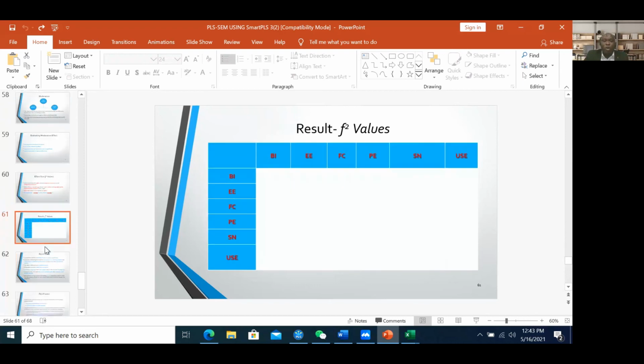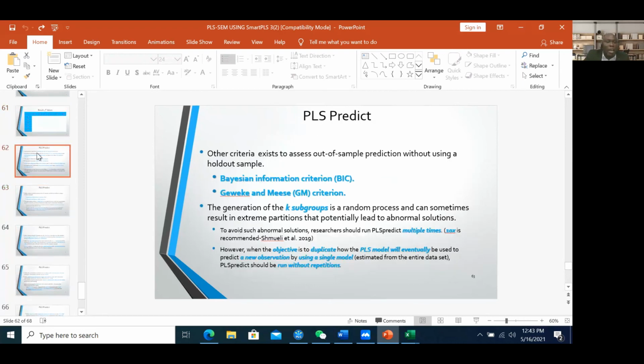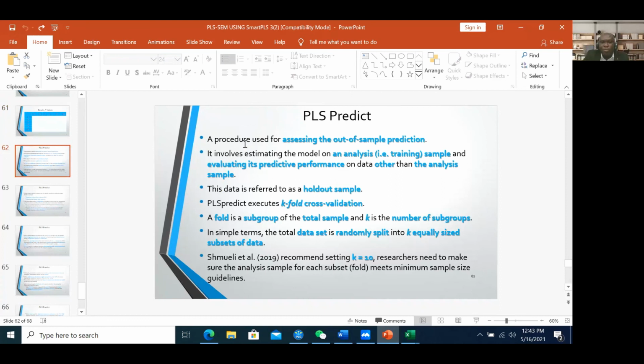What PLS Predict does is that it's a procedure used to assess the out-of-sample prediction. It involves estimating the model on an analysis or a training sample. Basically, it takes the total sample size you have and breaks it into what we call folds.